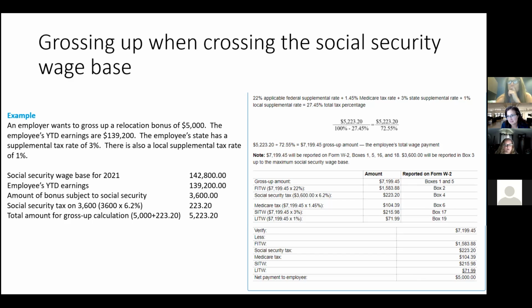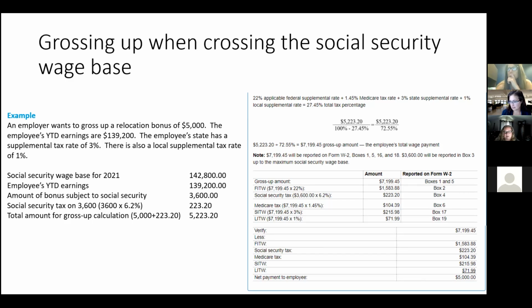So if you do your math and you don't get an answer that's in your multiple choice, you may think backwards. Hint: questions on this one where we split it out, we did the Social Security separately, and then we took that amount and added it together with the regular bonus, and then we did the calculation for the rest of the gross up.